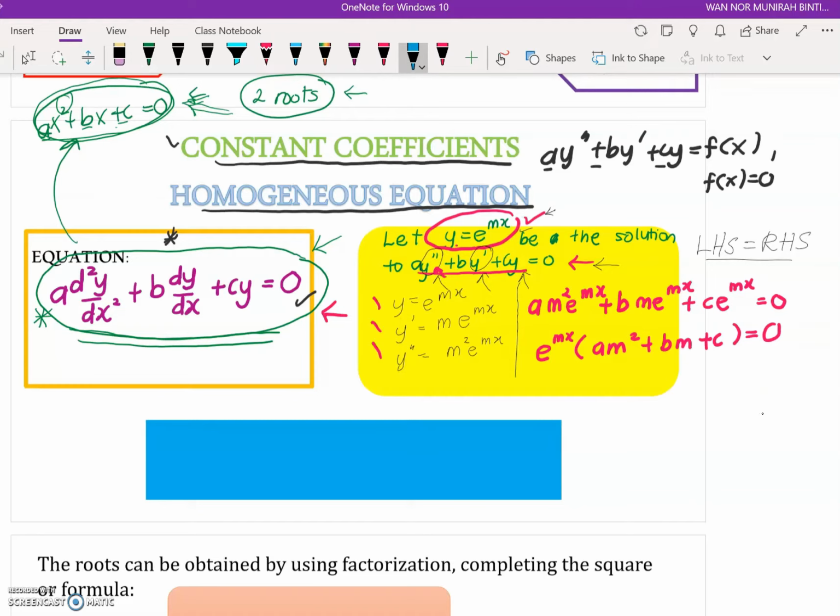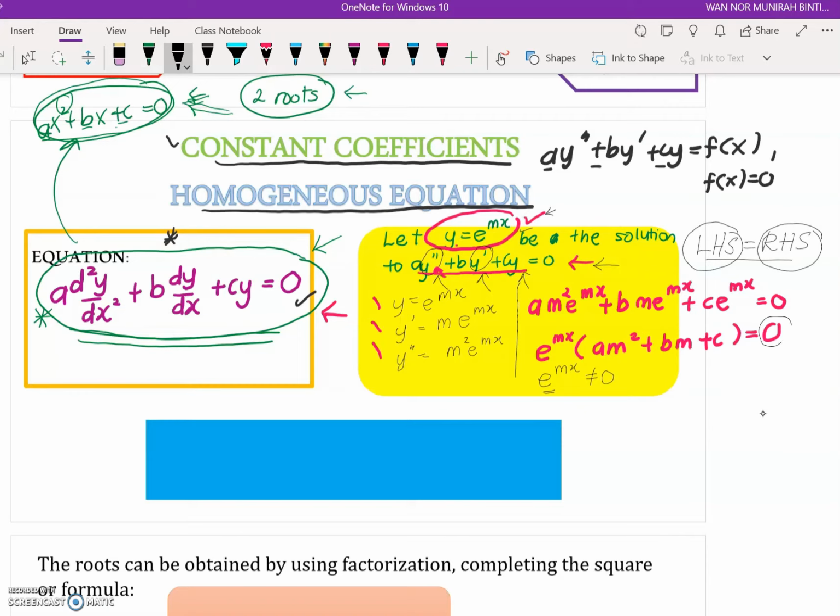Okay, to our knowledge, we know that the exponential e^mx cannot be 0. Why? Because there is no value that can make the exponential go to 0. So, since e^mx cannot be 0, but we need to show that the left hand side equals the right hand side, this must be satisfied.